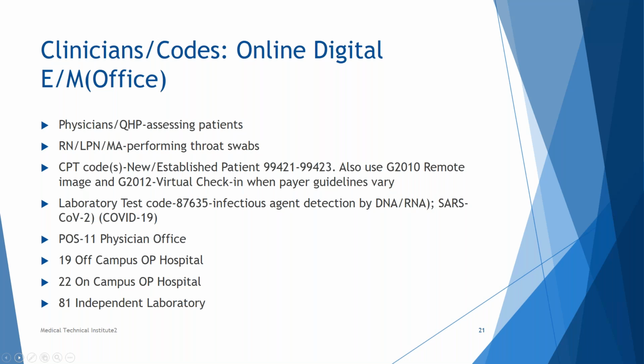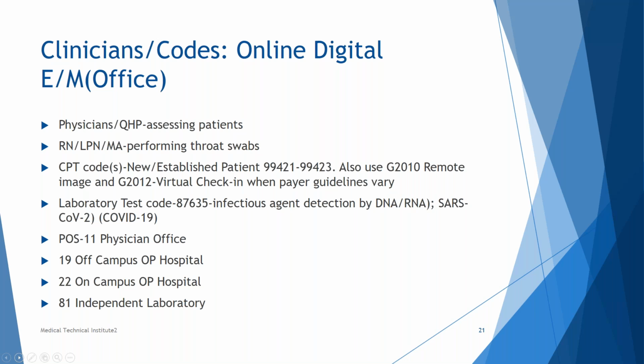When you've actually been tested for COVID and it's sent to the lab, it is used with code 87635. And then for the place of service, you have 11 for physician office, 19 for off campus, 22 for on campus, and then 81 for independent laboratory.